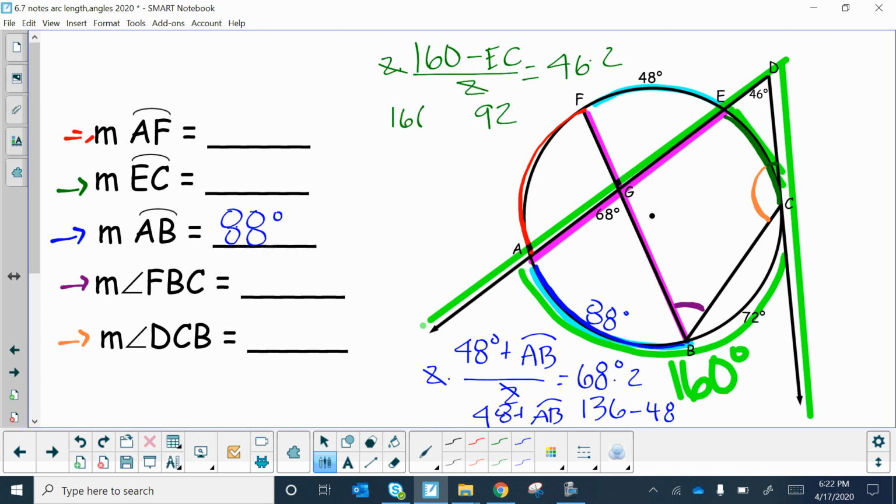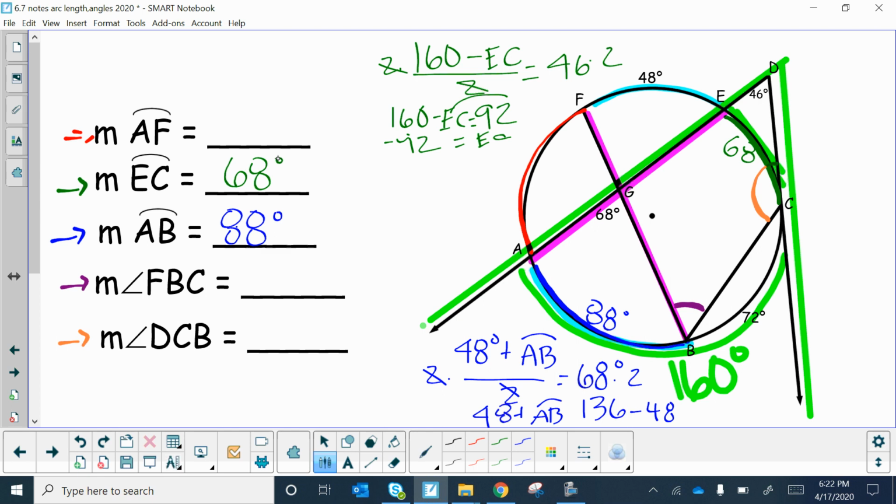And 160 minus EC is equal to 92. I'm going to minus 92 from here, and that's going to equal EC because I'm going to move EC over here. So 160 minus 92 is 68. So this arc right here is 68 degrees. So EC is 68 degrees.